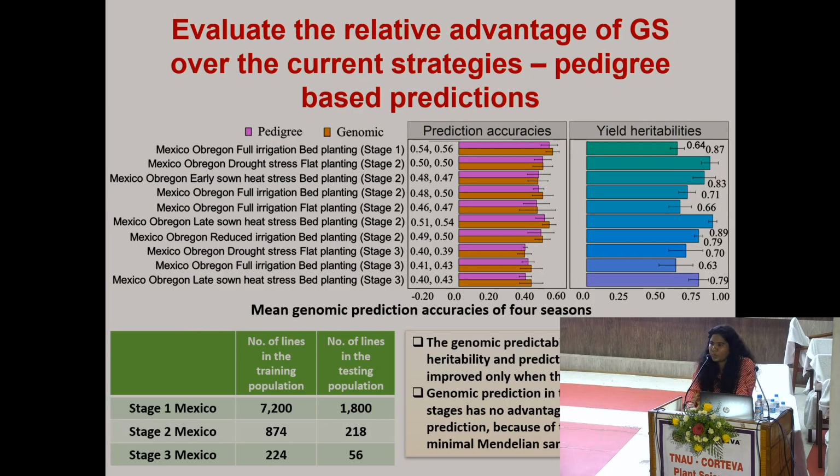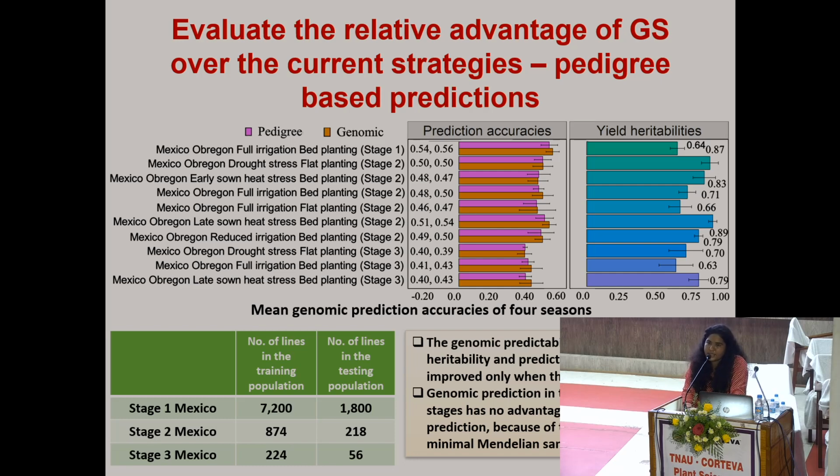The next thing we did is to compare genomic selection with pedigree-based predictions. As you can see in this figure, the prediction accuracies for pedigree are in violet, and for genomic in orange. And these are the different stages of yield testing in Obregon, Mexico. As you can see, there was not much of a difference between genomic and pedigree-based prediction accuracies.